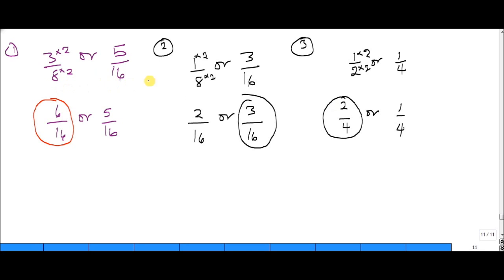We have to make the denominators common, and we do that by seeing how best we can use a factor to multiply the numerator and the denominator so that both denominators will have the same number.